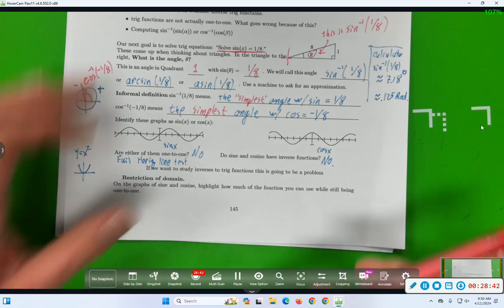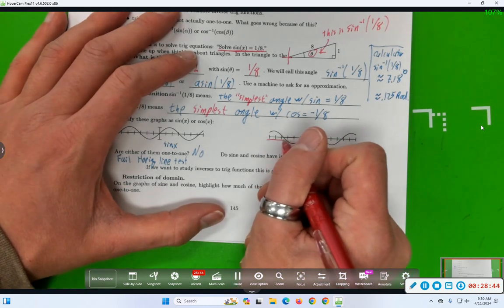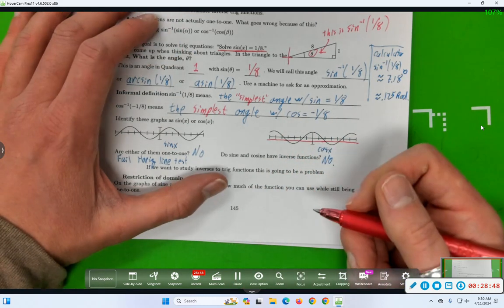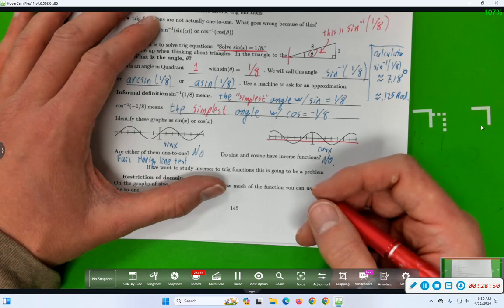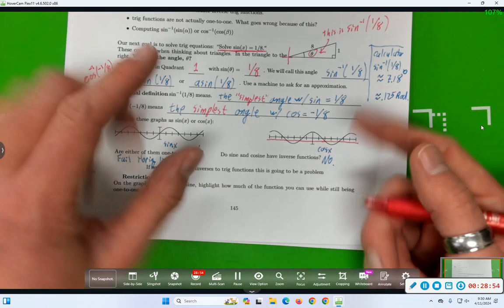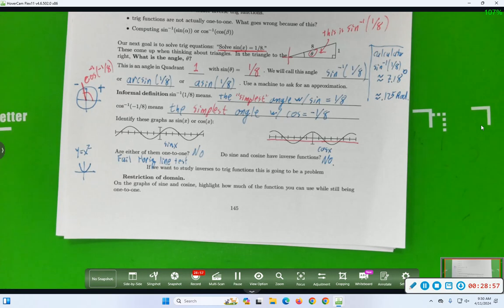So, draw a horizontal line on cosine, just because that one looks less messy. How many times does that horizontal line intersect cosine? At least 4 times. If I continued the graph on, I think I'd get infinity times. So it fails the horizontal line test really badly. It's not a one-to-one function, it's like an infinity-to-one function.